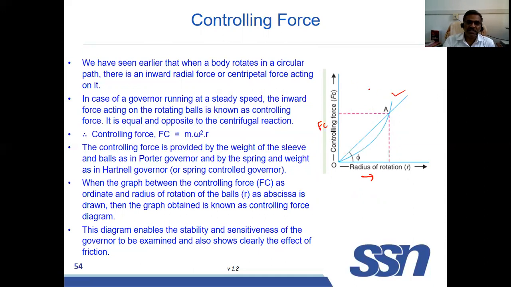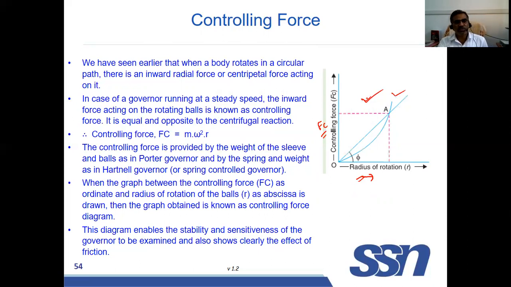Stable is the opposite of isochronous. We want a stable governor. So using this controlling force diagram, we will be able to predict whether a governor is isochronous or stable.